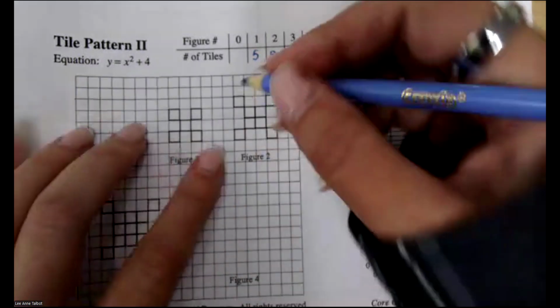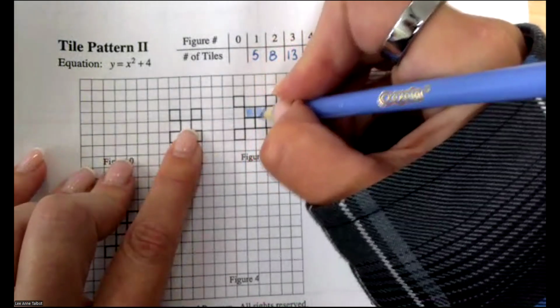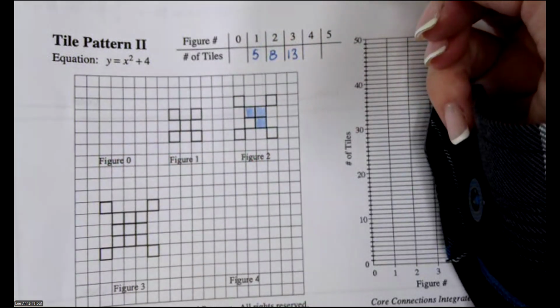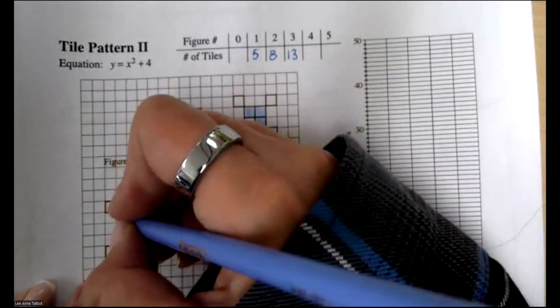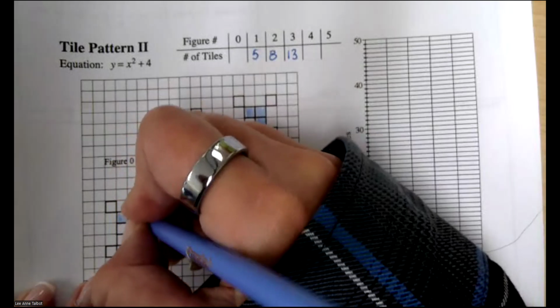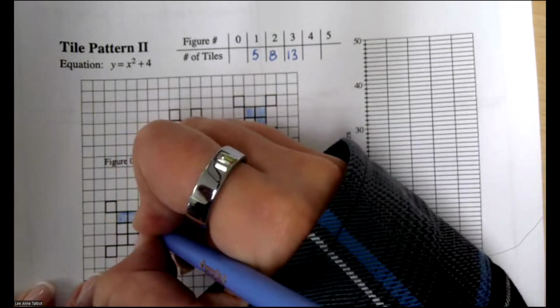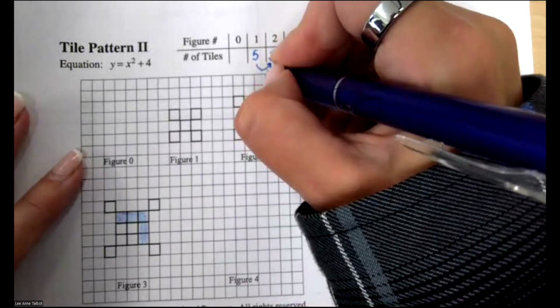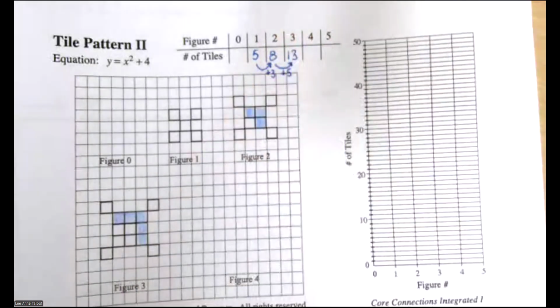From here to here, it's adding a row and a column to the middle box section. And this one's adding a row and a column to the middle box section. So this is plus 3, and this is plus 5.